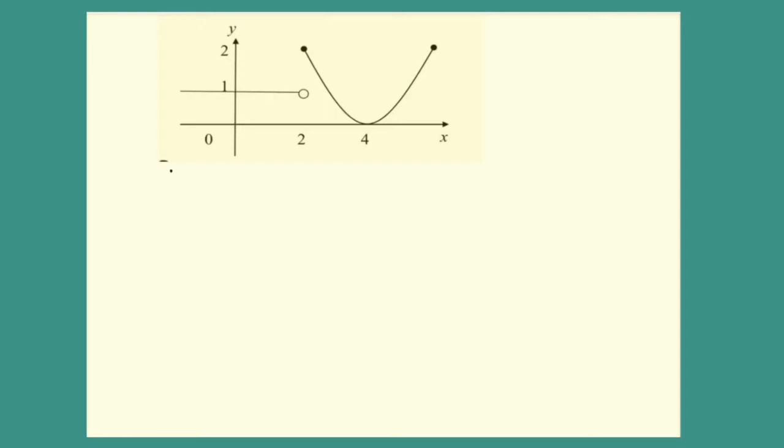For x equal to 2. Now look at the graph at x equal to 2. Here is the graph at the left and here is the graph at the right. Find limit f(x) as x approaches 2 from left. Okay, when x approaches 2 from left, here y approaches 1. Here is 1.